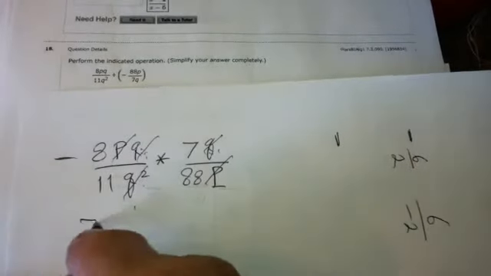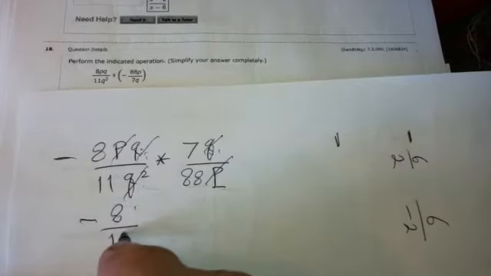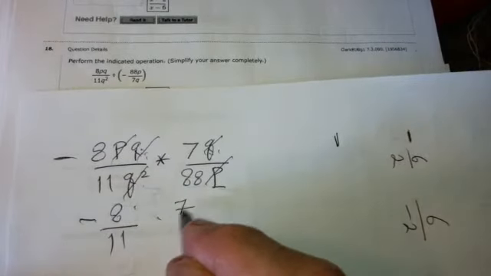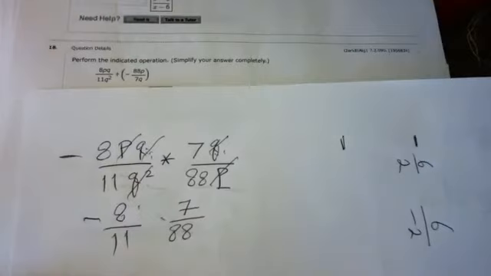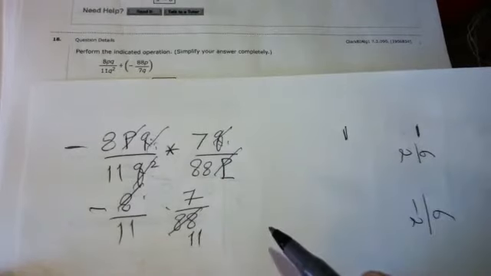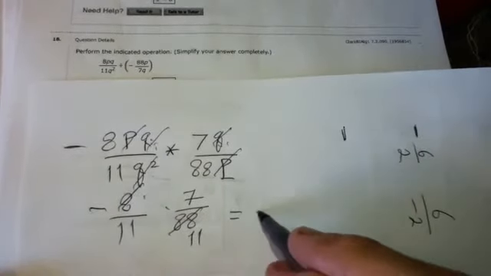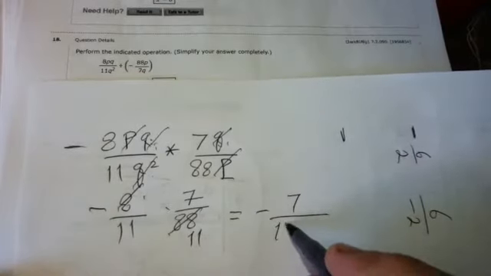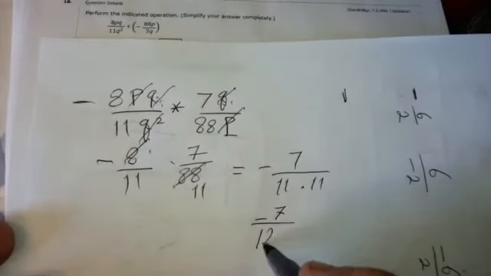So right now, all I see is this. Eight goes into 88, 11 times. So I have negative 7 times 11 times 11. So it's negative 7 over 121.